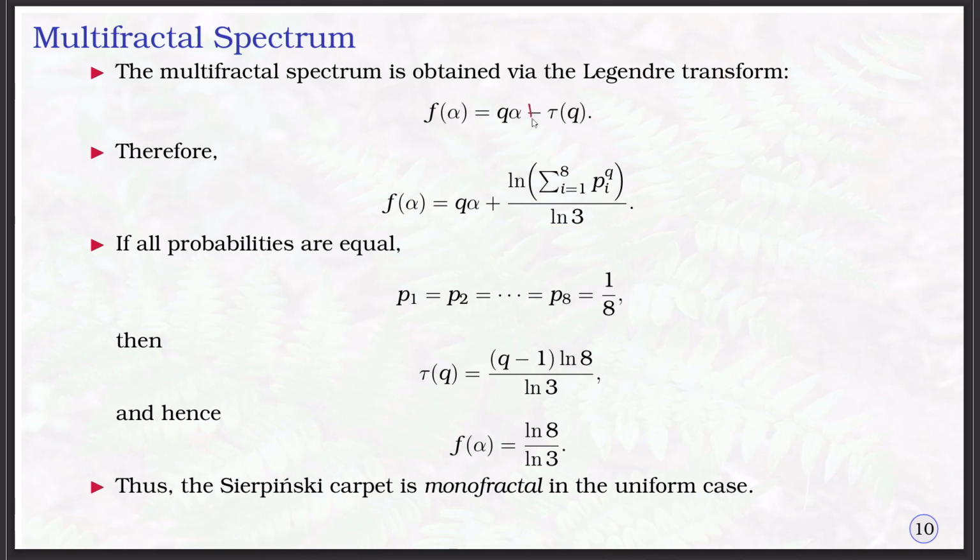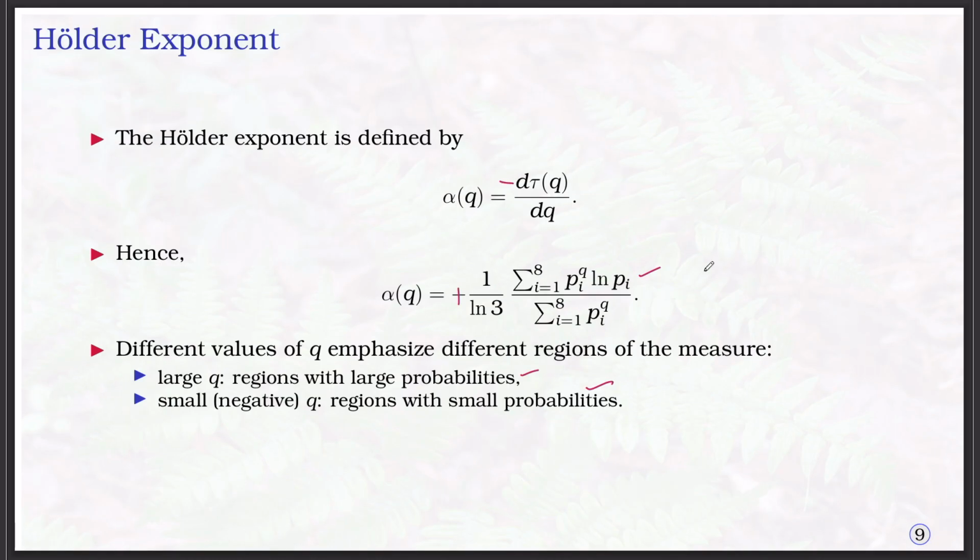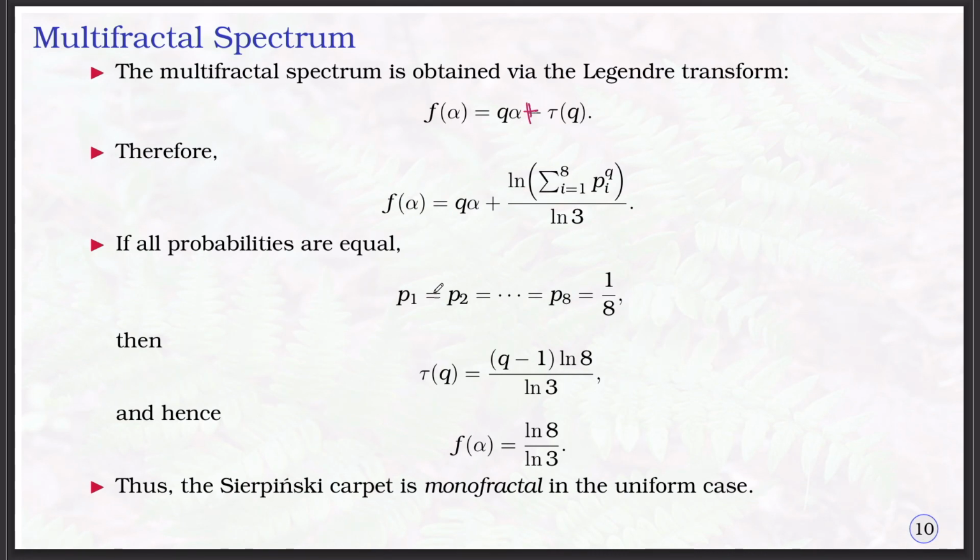Now by applying the Legendre transform on alpha q, one can get f of alpha equal to q alpha plus tau q. Then we can plot alpha versus f of alpha and we will get the spectrum.